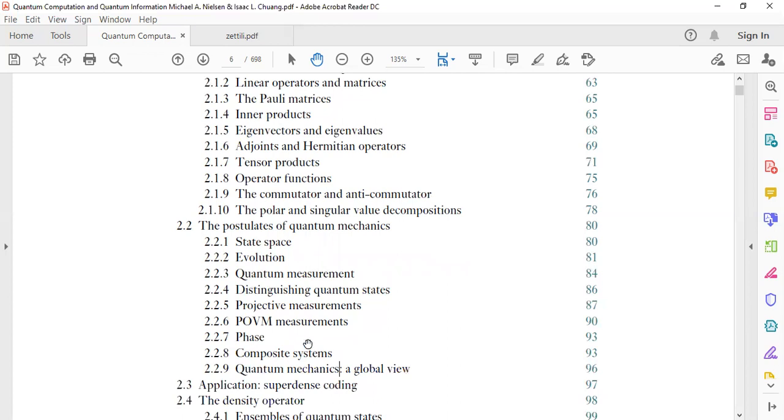And how do we do this? We know this from the section on tensor products. So once you understand tensor product, you can understand composite system.